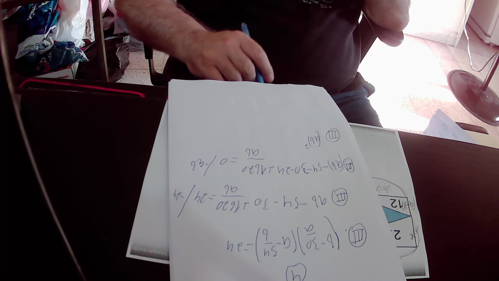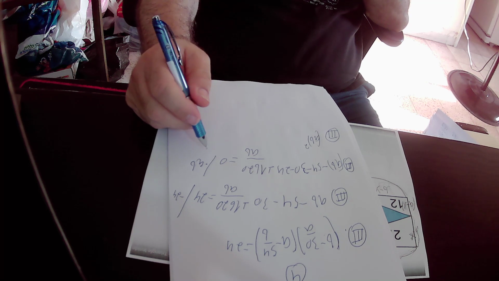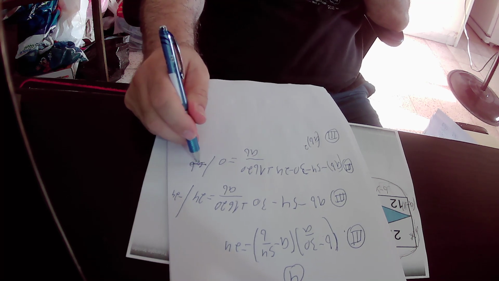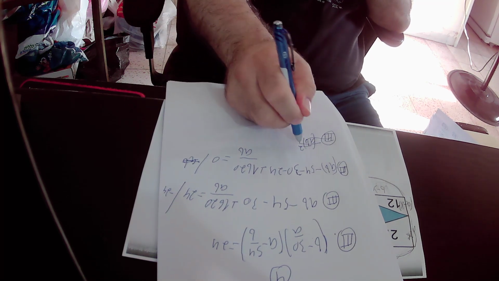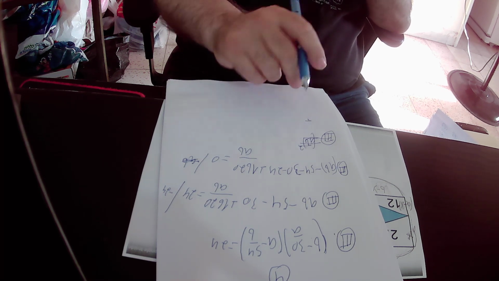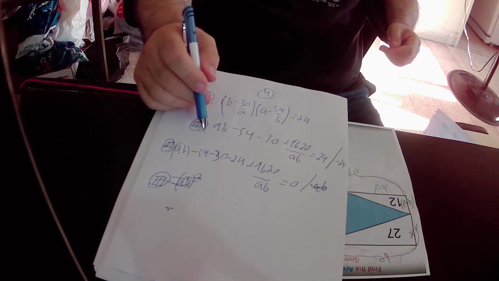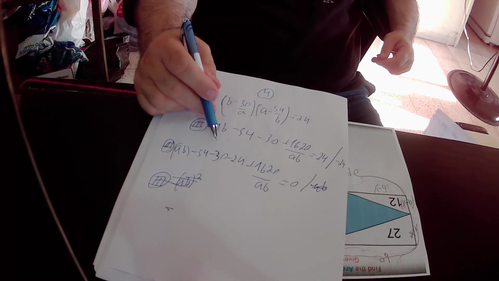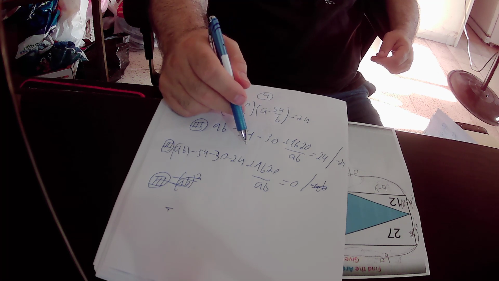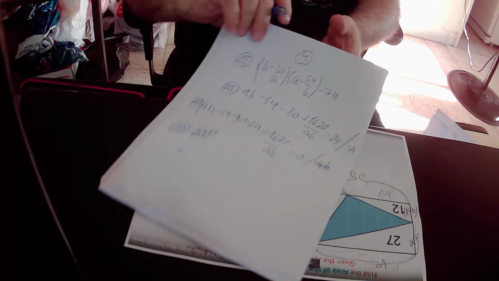Maybe before we do the multiplication by ab, we will simply, as you can see here, negative 54, negative 30, negative 24 equals negative 108, so we will write it down.